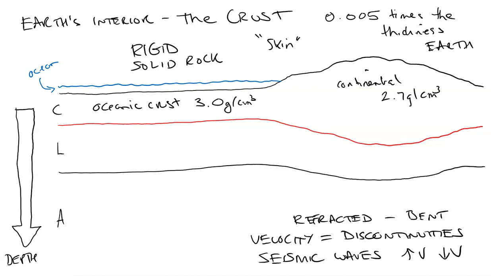So think of the crust as the exterior layer, but really the main difference that separates the crust from the lithosphere, or gives some sort of definitive boundary, is this red line that is the Moho.